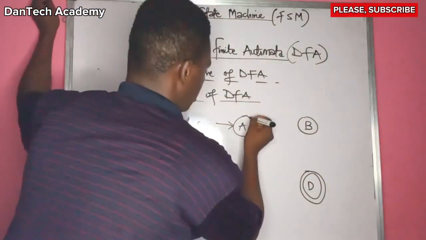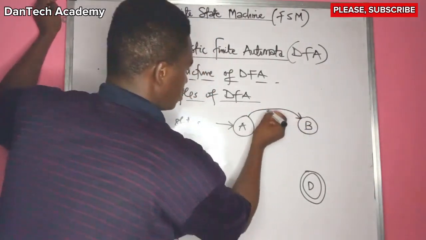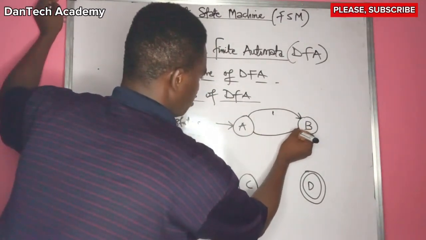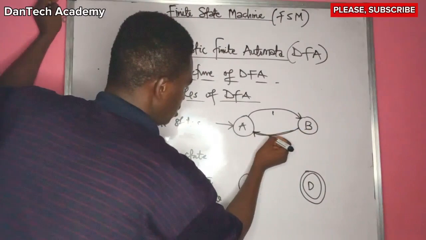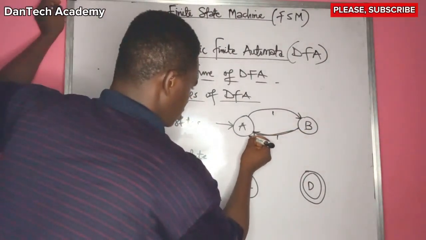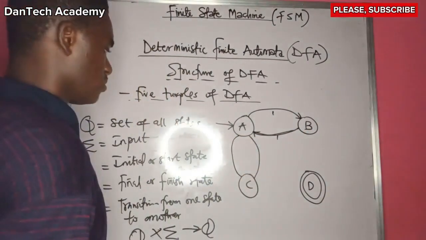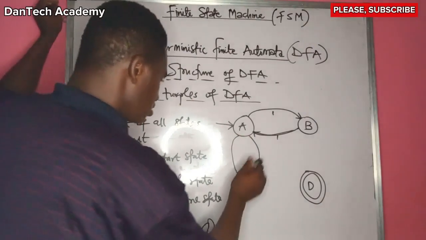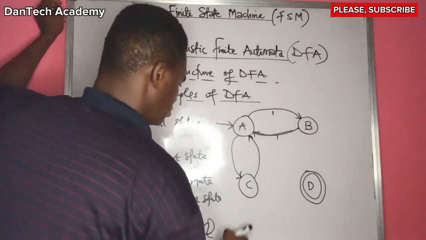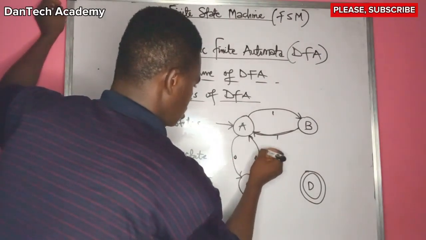Then we have transitions. This is 1. We have our transition from B to A, 1 again. Okay, we have another transition here again, from C to A and A to C. So this is 0 and this is 0.